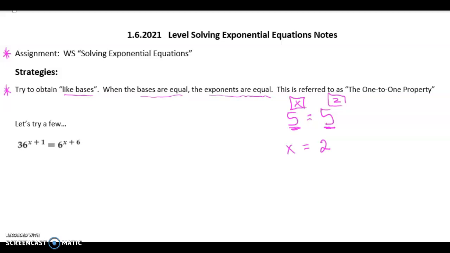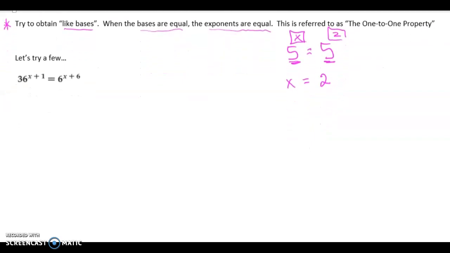So here's one. Let's try a couple little problems and make sure we got this down. I'm going to rewrite 36. I know 36 is the same as 6 squared to the x plus 1 power equals 6 to the x plus 6 power.